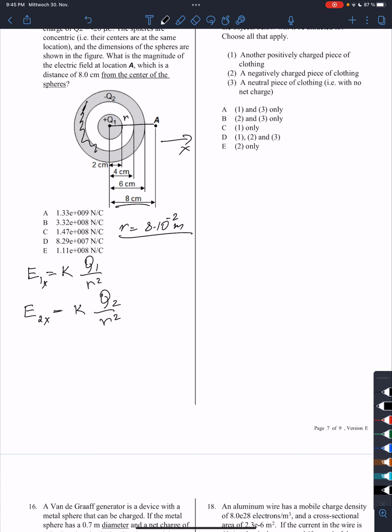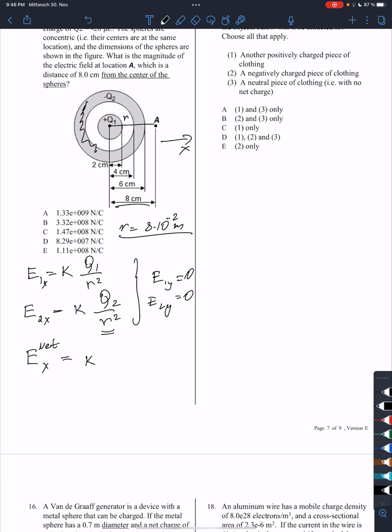It's also divided by R squared because we are computing the distance between the center of that shell of charge to that point A. To find the net electric field, we just add the vectors. The y components, E1y and E2y, in this case are just zeros. So the net electric field will be only in the x direction.